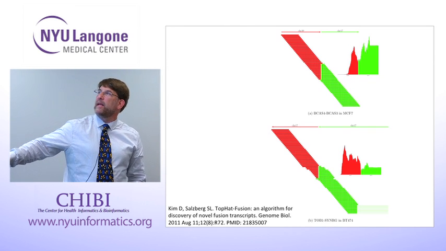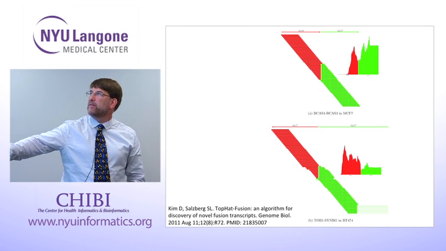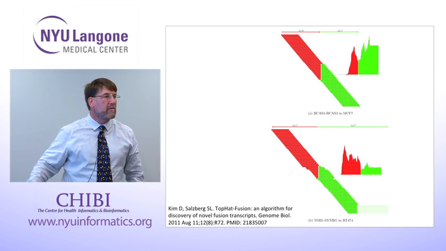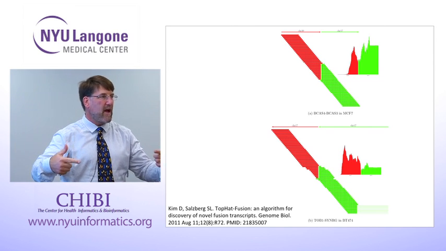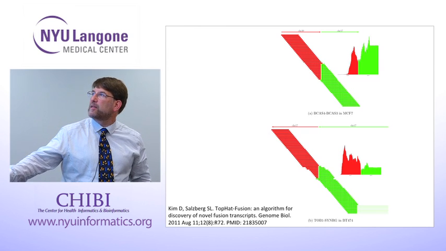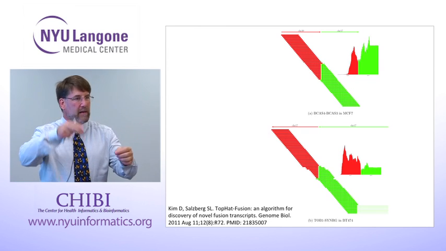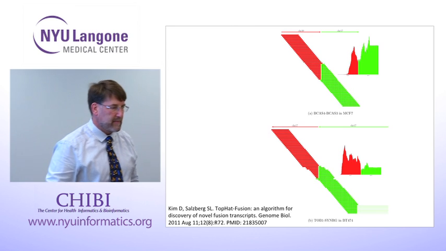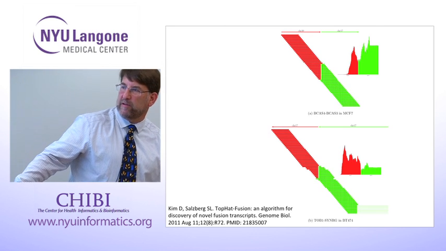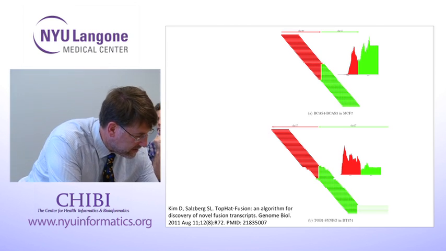So you've got a combination of pairs that map on either side, chromosome 20, chromosome 17. Those are reads that come in from the ends of the same fragment. And these split reads, where one read actually can be split and reads right across the junction. This is the TopHat-Fusion paper, Genome Biology.